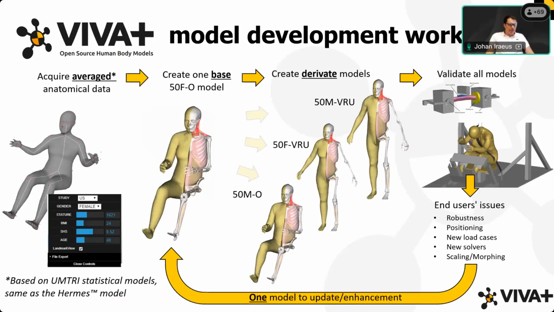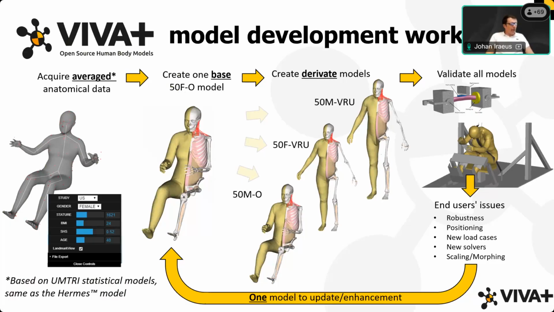But when you come down to other measurements like arm length, seated height ratio, and so on, they might not be average anymore. So instead here we have taken the original geometry from Amtri's statistical shape model, and this would be the same as the Hermes model is based on. So these are average data in a more general sense.